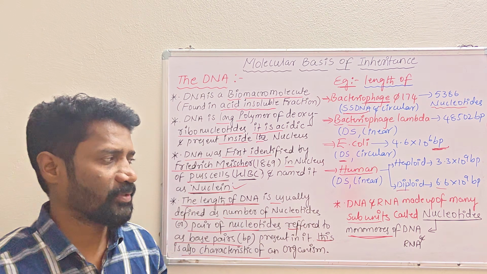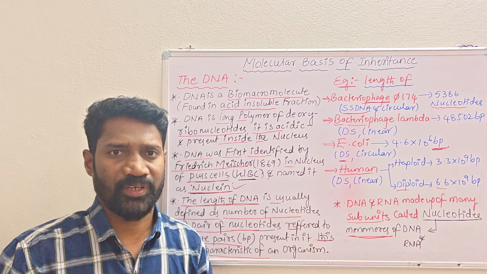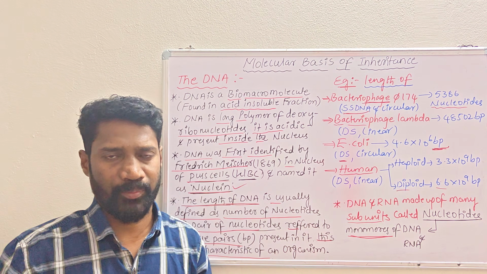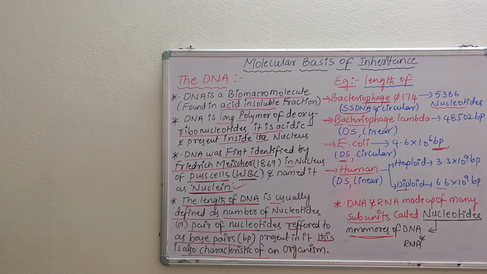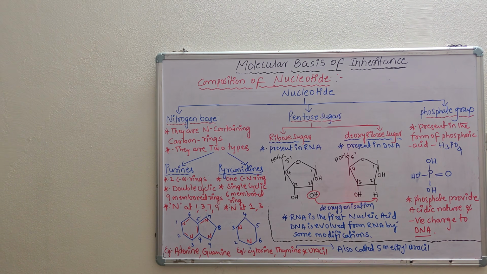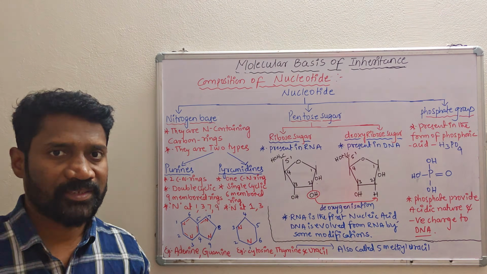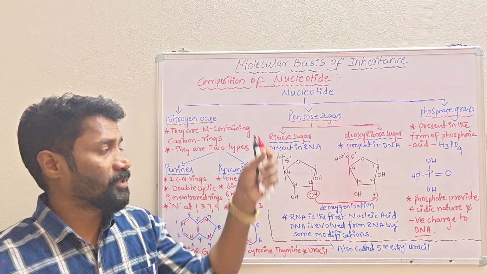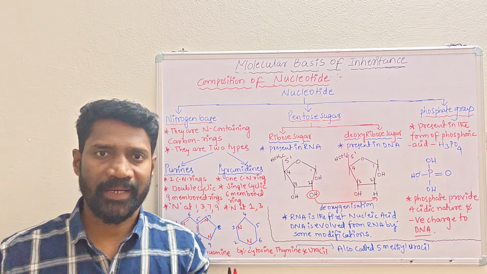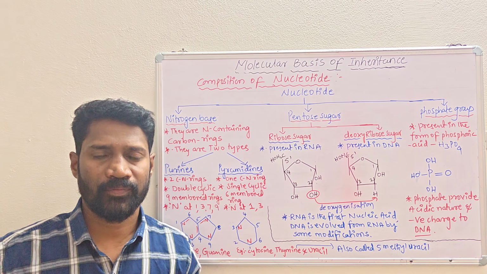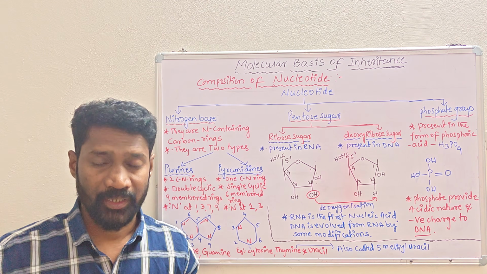Now we have to discuss the structure of double-stranded DNA, how their strands are made up. The next one is composition of nucleotide. We know the nucleotide is a basic unit of DNA and RNA.